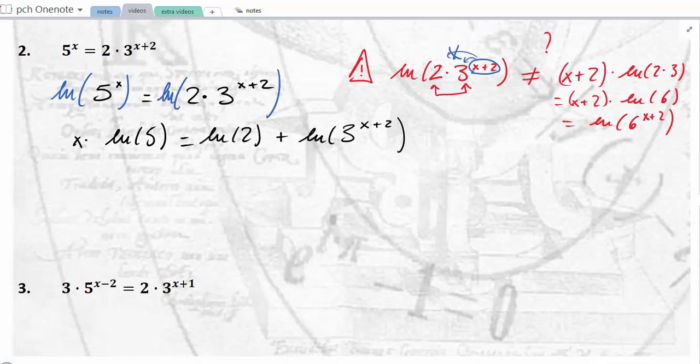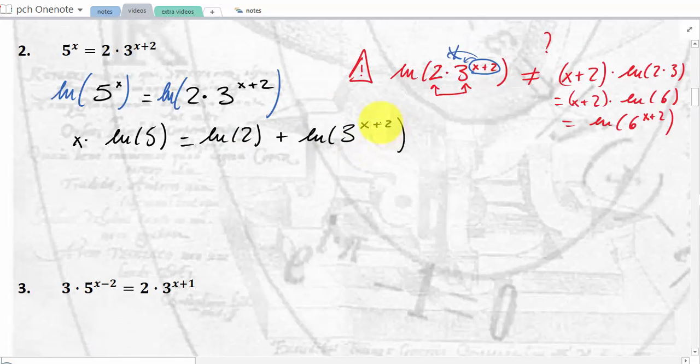But of course you cannot multiply the base. Base 3 does not multiply by 2 here. It doesn't make sense, and the reason is that x plus 2 is not the exponent of everything. It does not apply to 2. Okay, so let's continue.